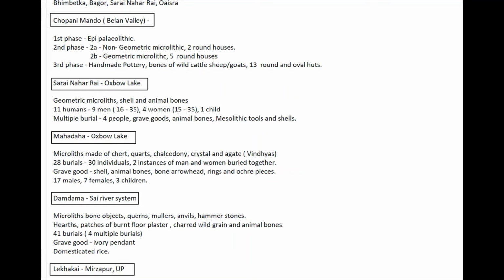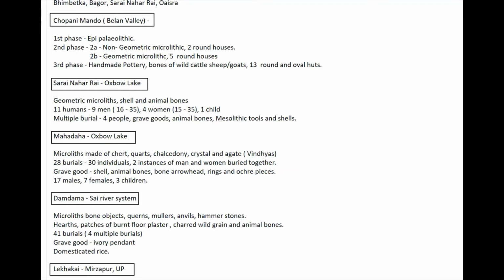There were four multiple burials among the 41 human burials. In one of the graves, an ivory pendant was found among the grave goods. The dates of Damdama fall within the early 7th millennium BCE. Recently, domesticated rice has been reported from the Mesolithic level at this site.